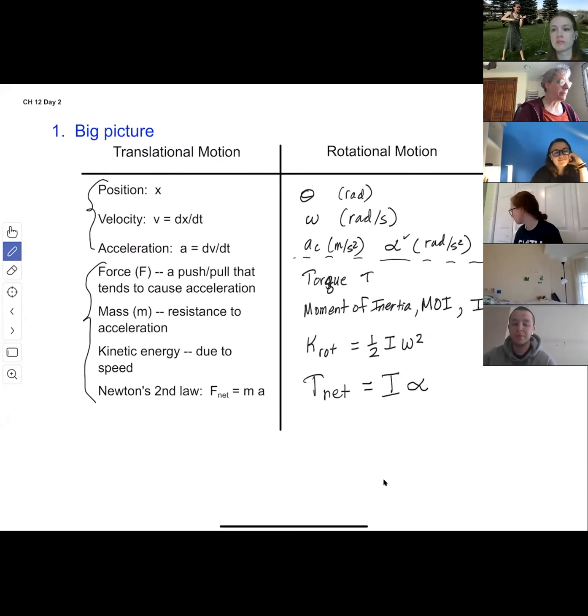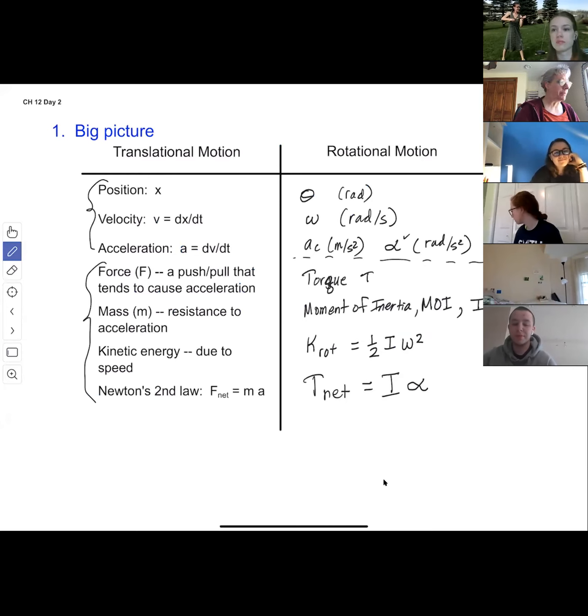So the big ideas that we talked about on Monday: we talked a lot about torque, and I think you did a great job with torque. And we talked a bit about moment of inertia and the idea behind that. At the very end, we talked very briefly about rotational kinetic energy and how you have to include this if you're going to do an energy approach to solving a problem.